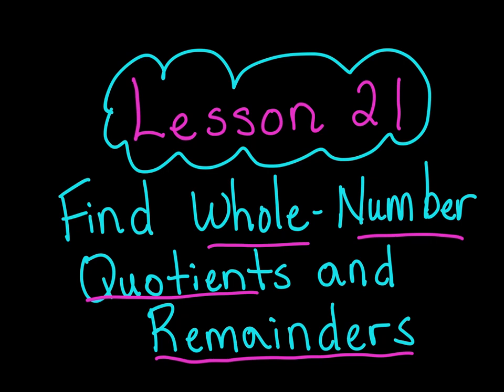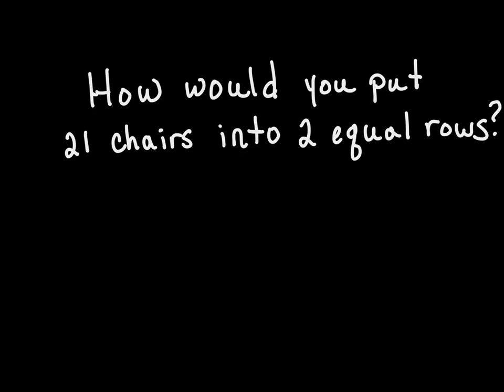So let's get started. How would you put 21 chairs into two equal groups? Well, we would want to try to divide that, right? Because we see that word equal and we have a total, and the total is 21. And we see that word equal, which means that we're going to be dividing.